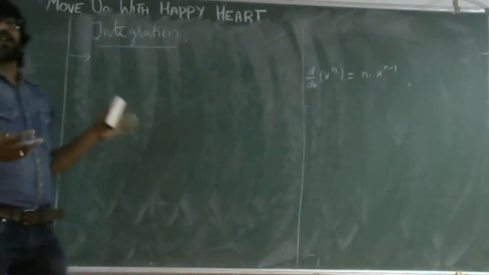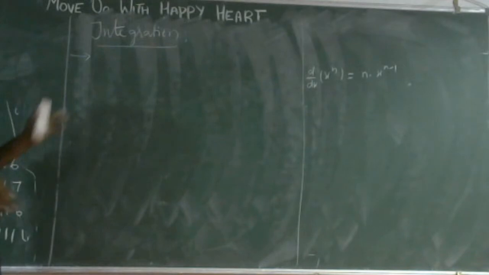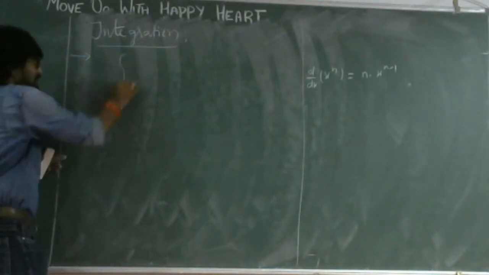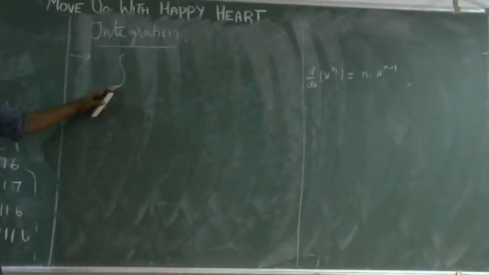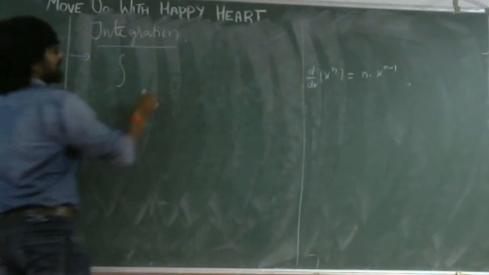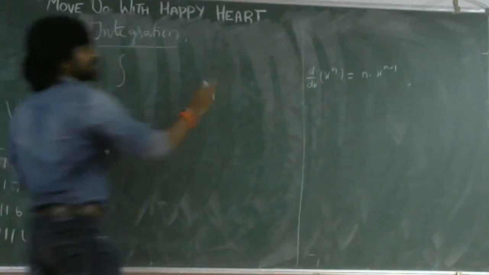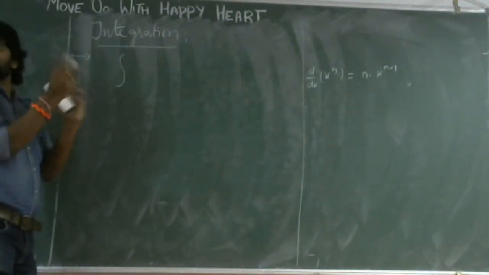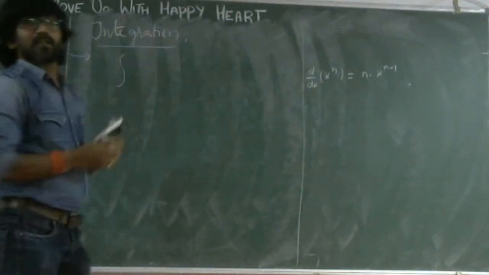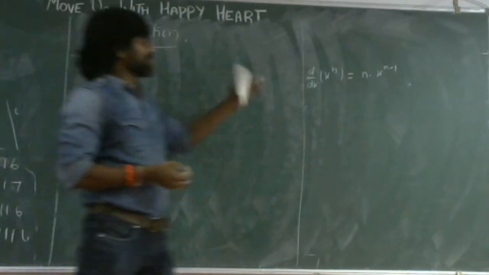In the same way, we come across an operator in the case of integration. The integral operator is represented by the integration symbol. If you integrate that function, we will get this. Integration is the reverse operation of differentiation.